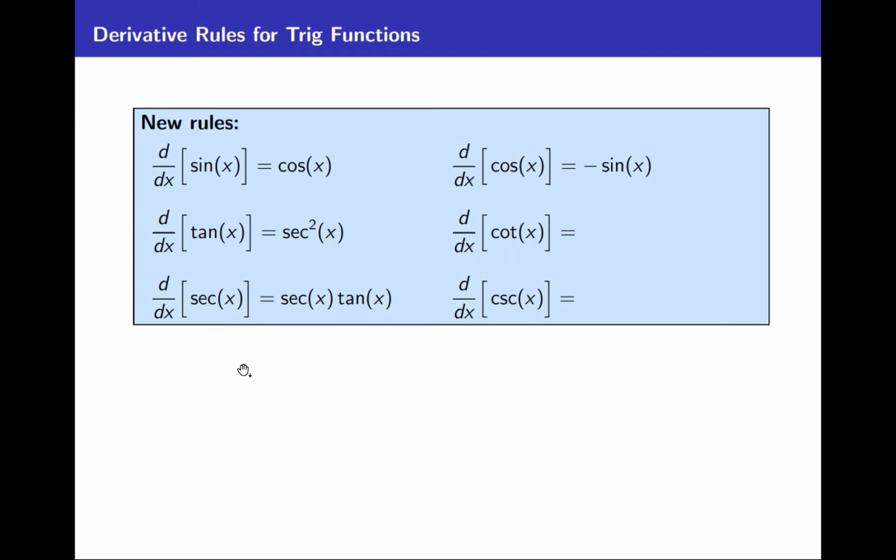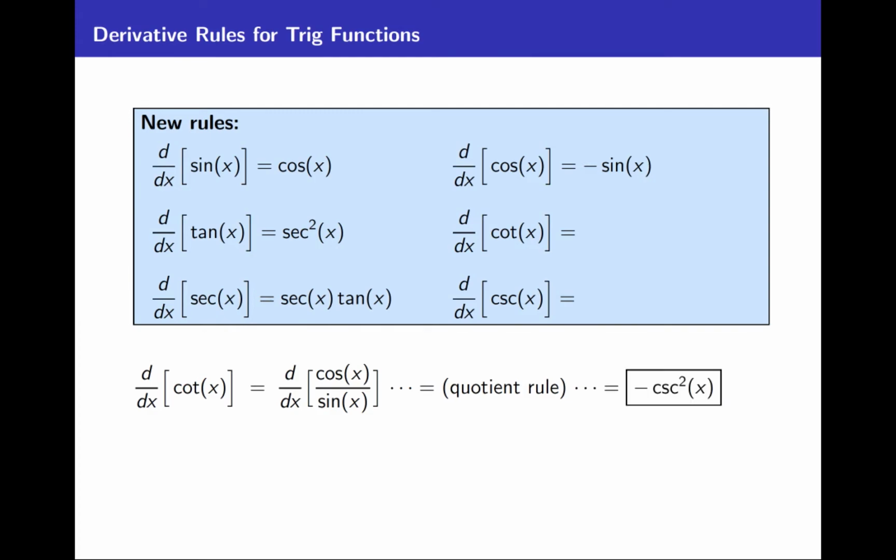Derivative of cotangent of x, that should be easy now from what we've done before. The derivative of cotangent of x would be the derivative of cosine x over sine of x. And here you could use the quotient rule just as we did before. But I'll tell you what, I'll leave the details to you. Maybe pause the video and work it out yourself.